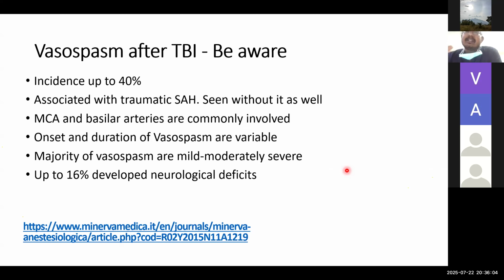We did a CT scan, nothing extraordinary, no space-occupying lesion or edema. That is when we did a transcranial Doppler. Transcranial Doppler showed severe vasospasm. It was confirmed with CT angio, and we took him to DSA.